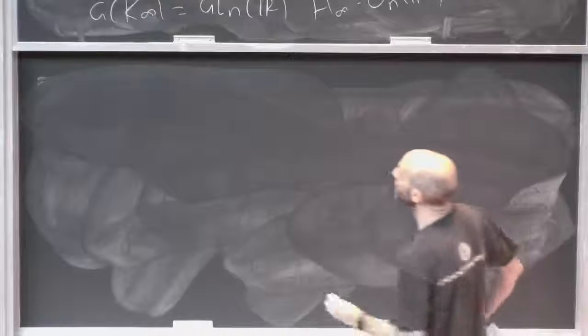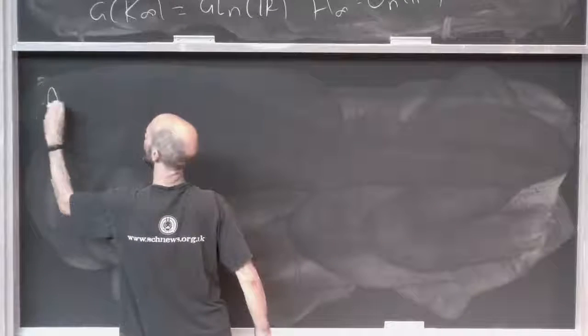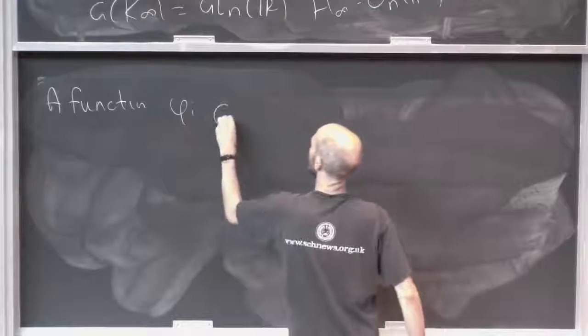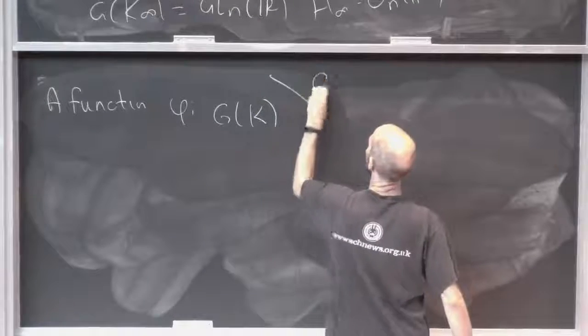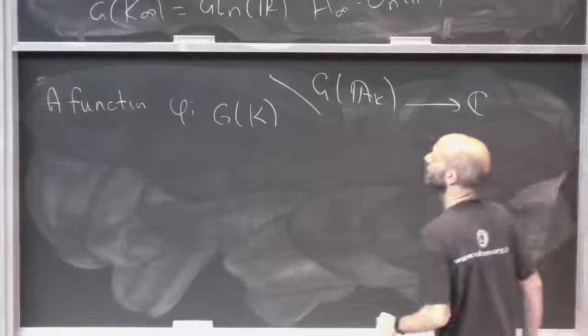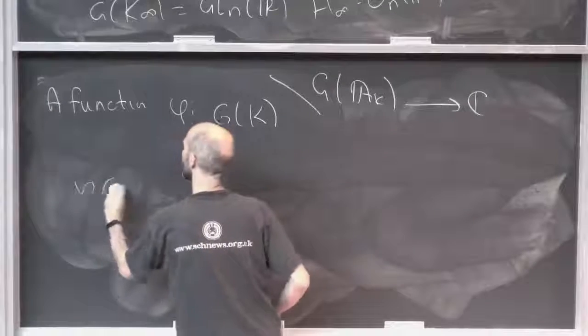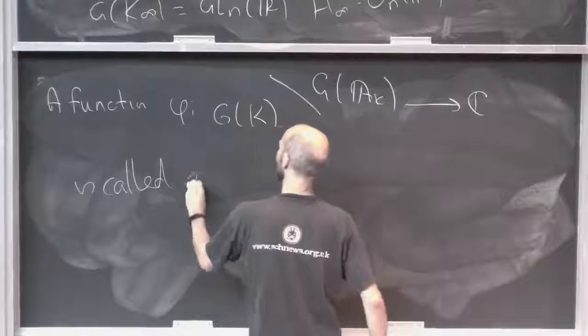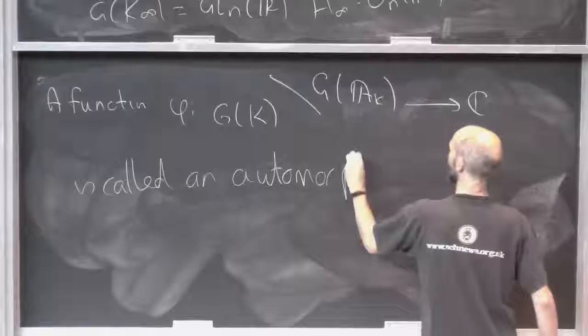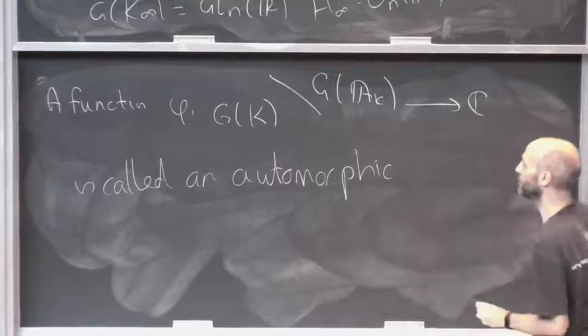Right. So some function phi from G of K over G of the Adels of K to C is called an automorphic form. So that's what this course is going to be about, automorphic forms.